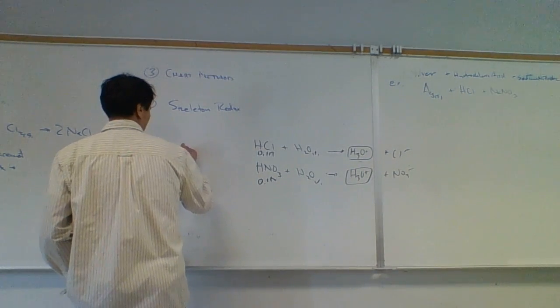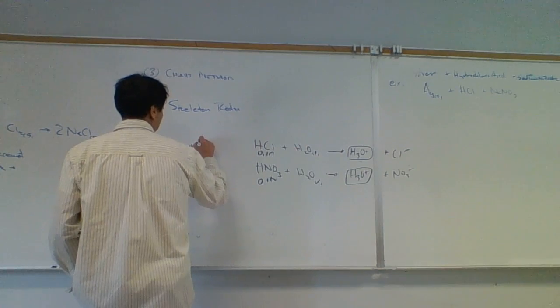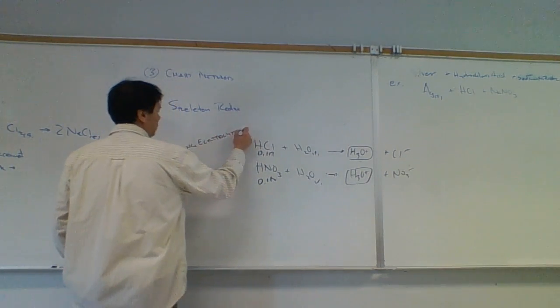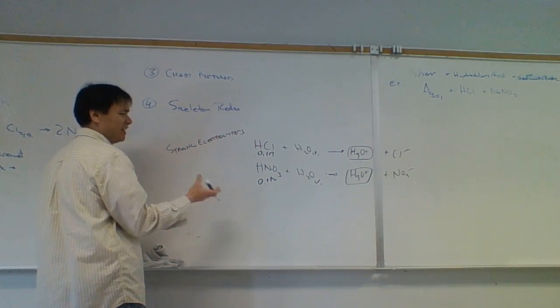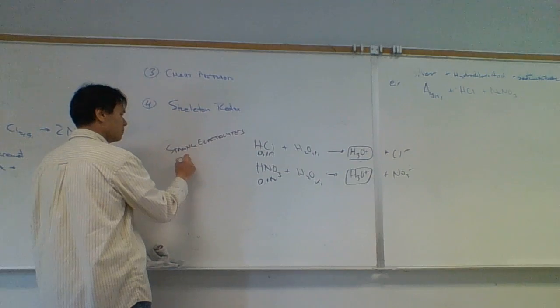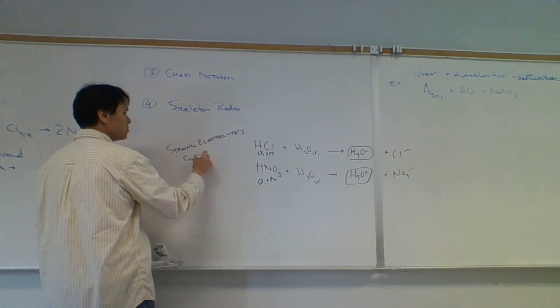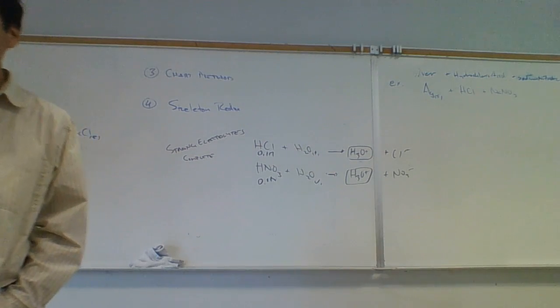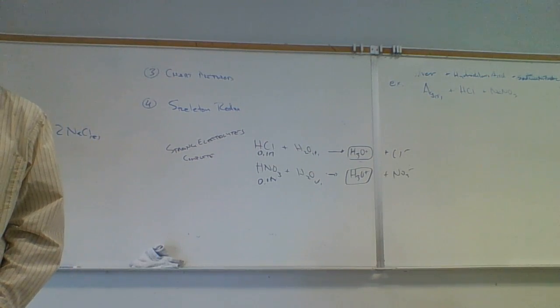Do you guys remember the electrolytes? Strong electrolytes completely ionize or completely hydrolyze. And so these are complete. Strong electrolytes are the strong acids, the strong bases, and the soluble salts.